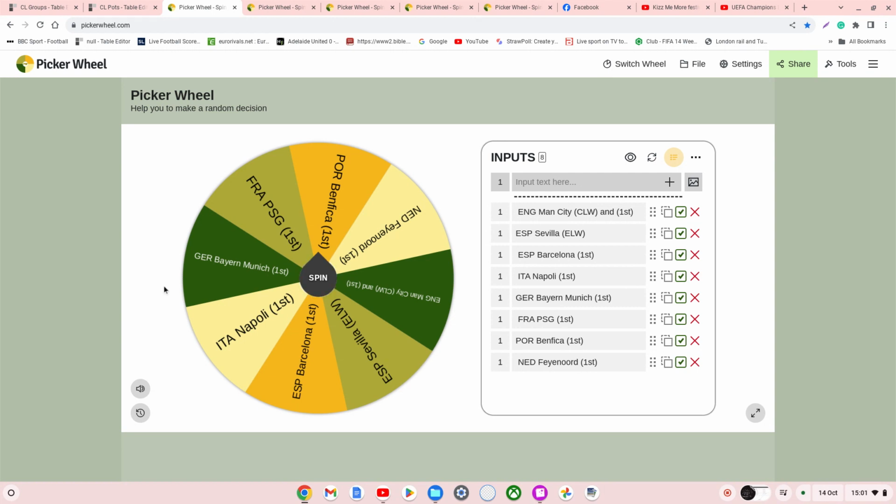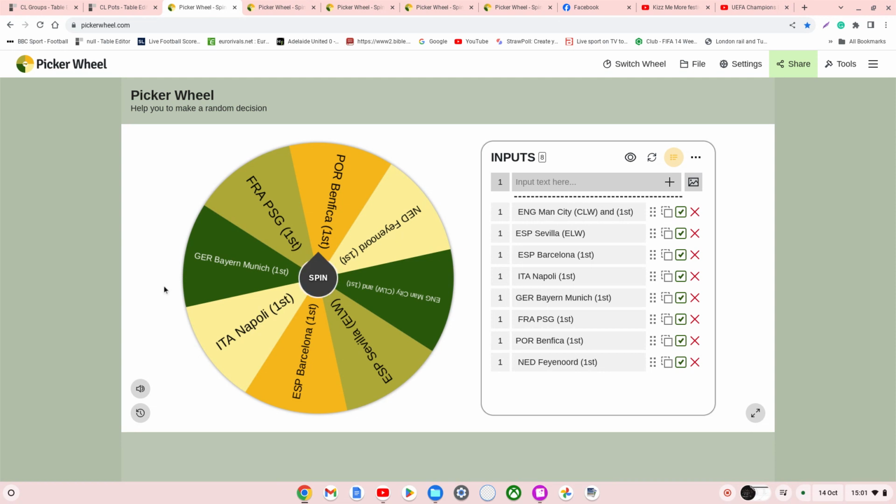Dortmund cannot be on the left hand side of the draw, A to D, because Bayern Munich are in Group C. So Dortmund have to be in the other side of the draw, E to H, and that's how I'm gonna do the draw.